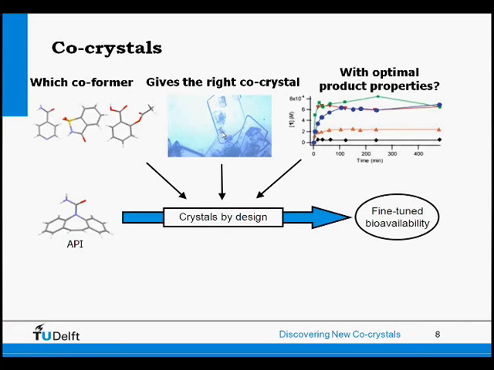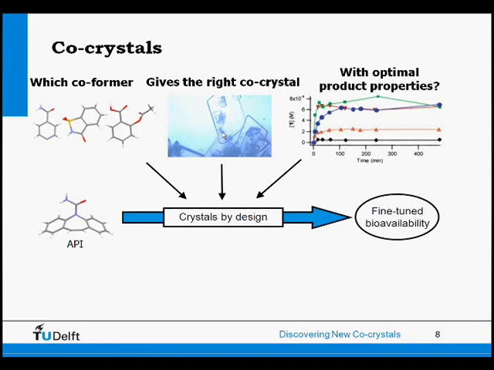So that brings us to the question how you design co-crystals. You have a vision that you want a certain product to have optimal product properties like dissolution behavior, and for that you need specific co-crystals, and you have to choose your co-former. So design your co-former to get to the right product properties. So that's quite a difficult question.